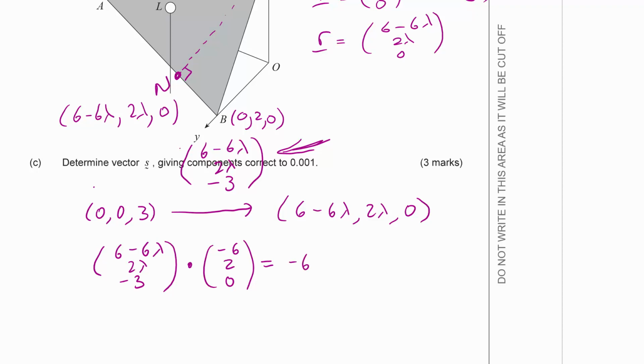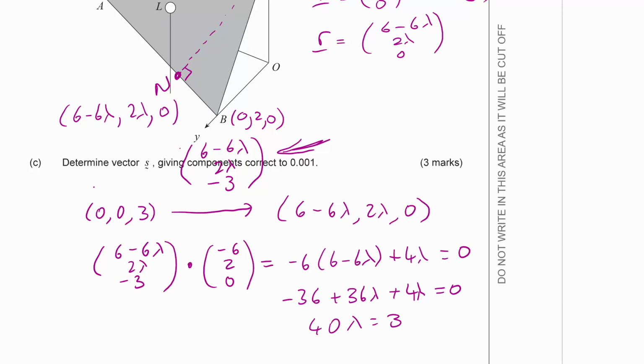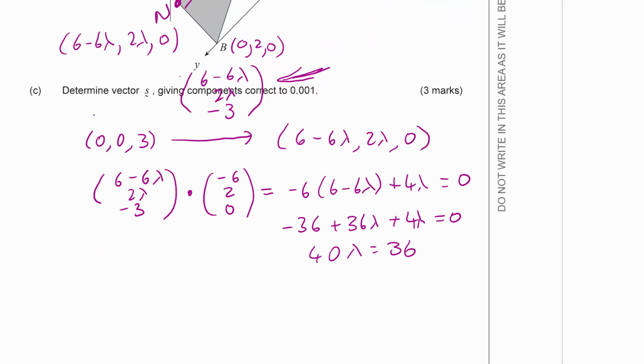Now that's negative 6 times (6 minus 6 lambda), plus 4 lambda, that needs to be equal to 0. So we have negative 36 plus 36 lambda plus 4 lambda is equal to 0. That gives me 40 lambda is equal to 36, giving me that lambda is 36 over 40, or 9/10.